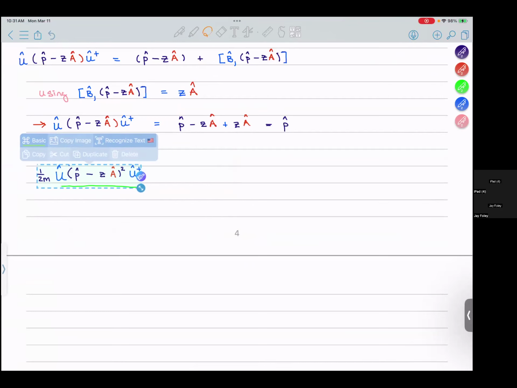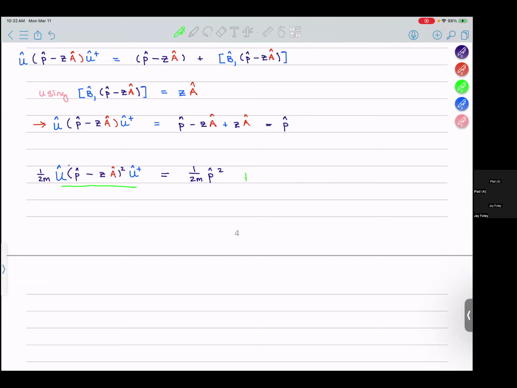And because of what we've seen happens to P minus ZA, that is going to turn P minus ZA into P. So overall, this transformation on the square of that is going to take us from P minus ZA squared to P squared. And so then the result of this is I'm going to get 1 over 2m times P hat squared.